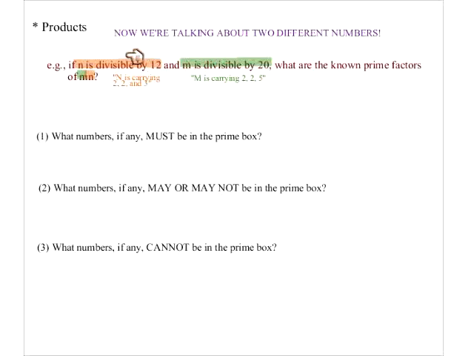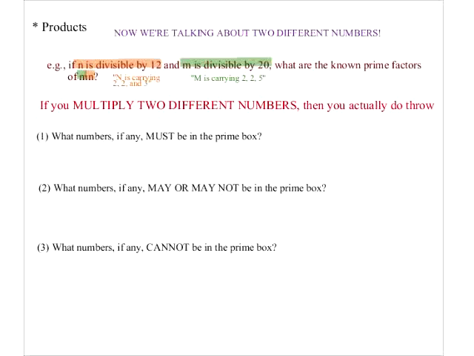We have N carrying these items, and we have M carrying those items. So when you multiply these 2 numbers together, you really do just throw everything in their prime boxes together.